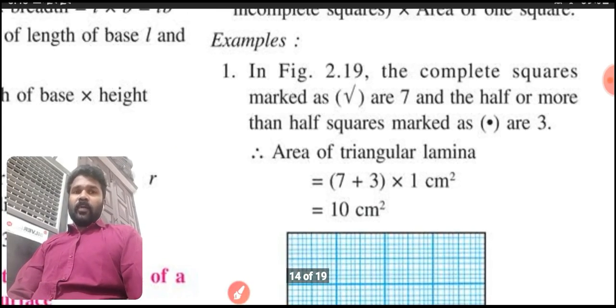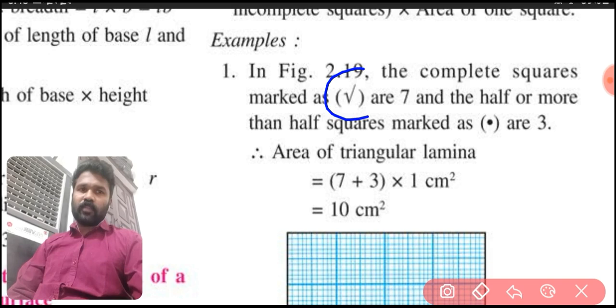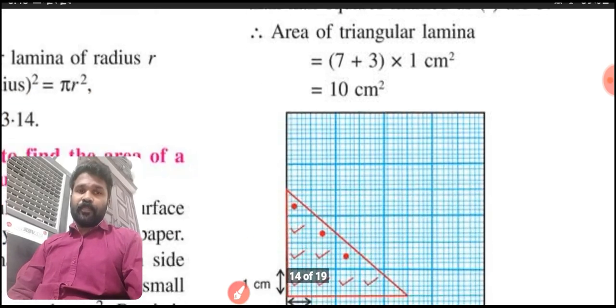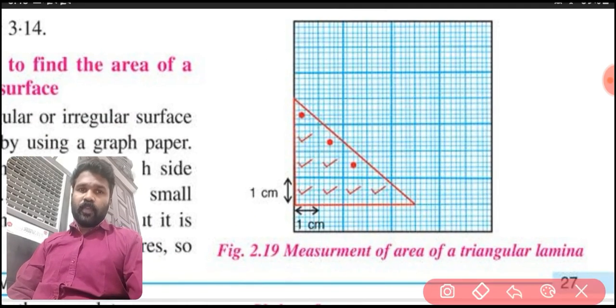In figure 2.19, the complete squares are marked as ticks. How many are there? 7. We can count it: 1, 2, 3, 4, 5, 6, 7.